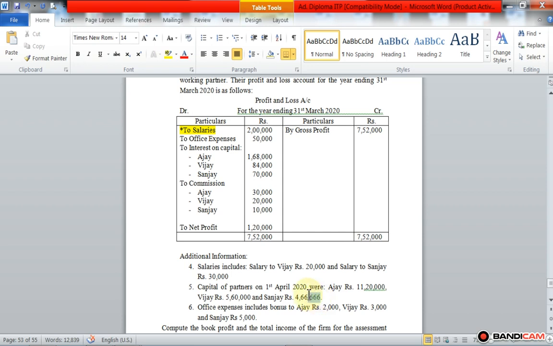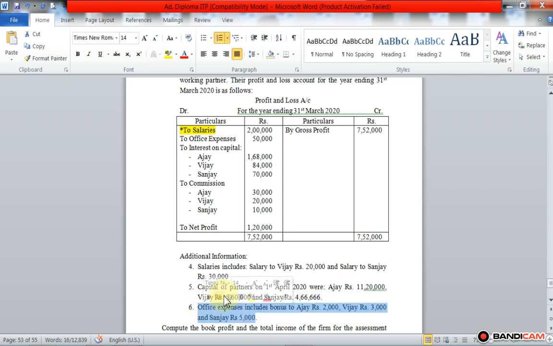So capital is given, it means the percentage of interest on capital is not given. We have to compute the percentage of interest on capital charged. Then office expenses include bonus to Ajay rupees 2000, Vijay 3000 and Sanjay 5000.